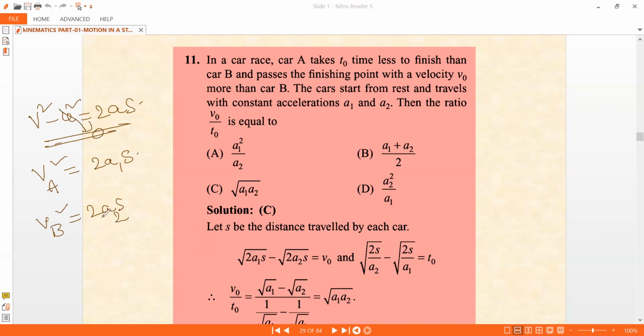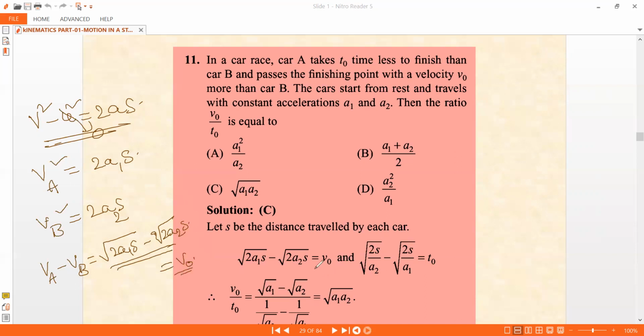The given is VA minus VB, which is square root of 2A1 S minus square root of 2A2 S. This difference is equal to V naught.